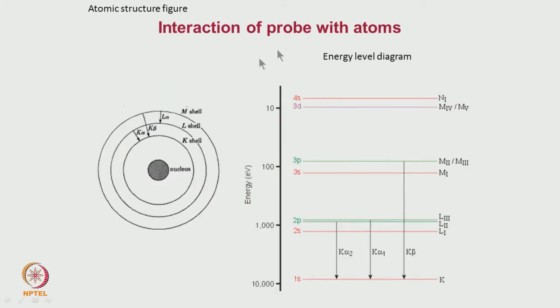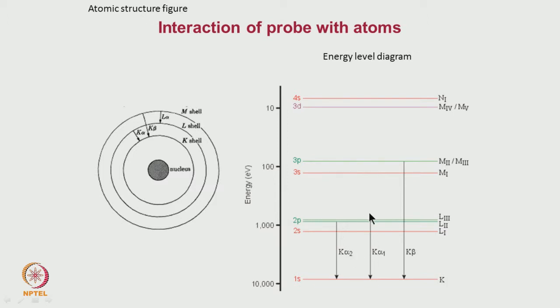In addition, the other alternative process by which decay can occur from an excited state to a ground state is this. When a vacancy has been created in a particular level, an electron from a higher level will come down to fill the vacancy, for example K alpha 1, and an X-ray is generated.